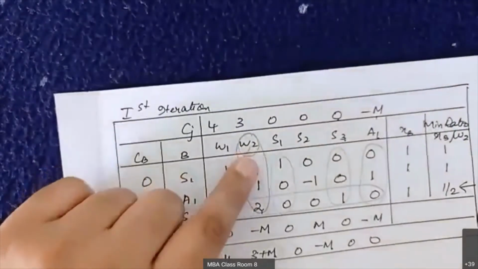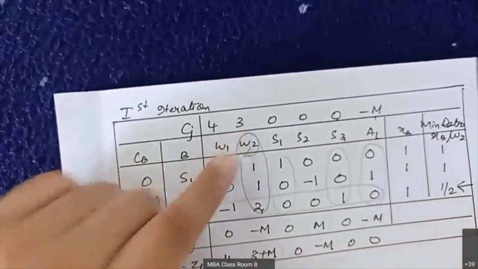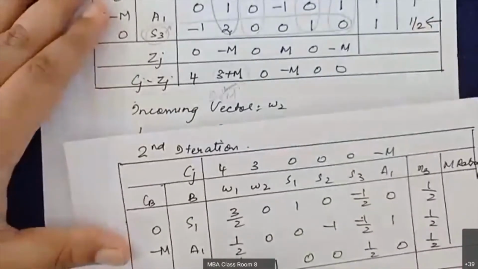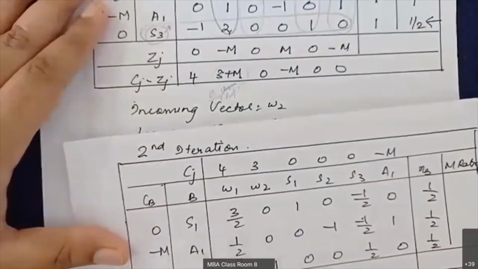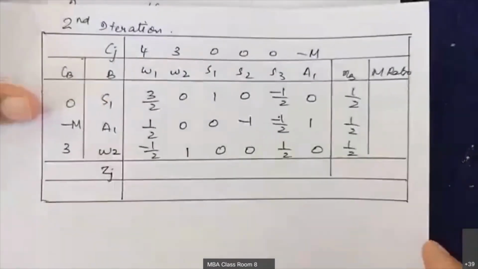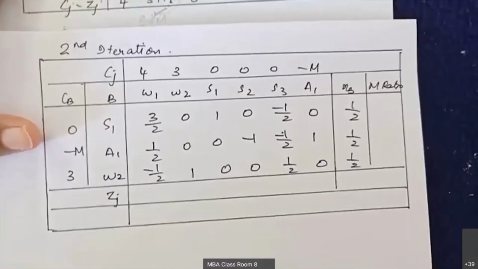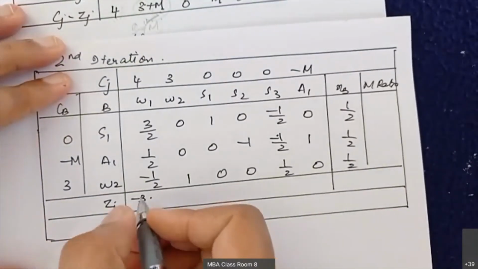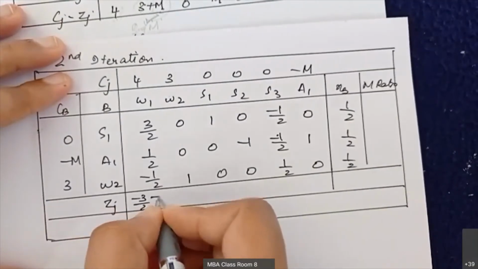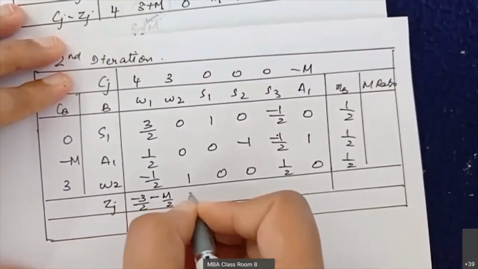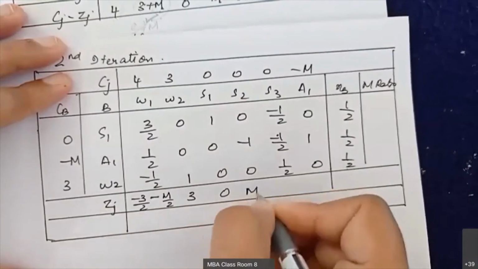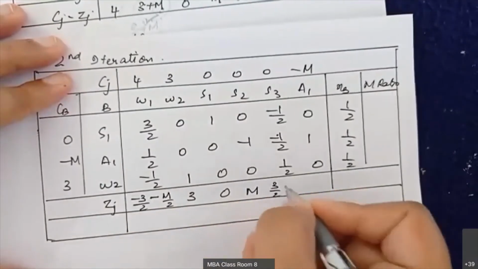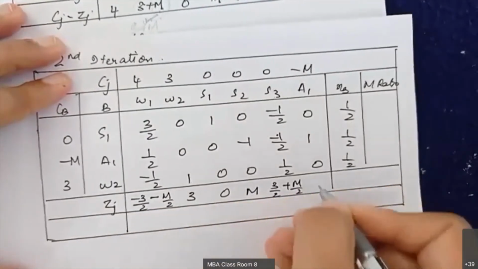Here S3 is the outgoing vector and the incoming vector is W2. The coefficient of W2 is 3, so W2 and 3. You will calculate Zj after that. Zj values will be minus 3 by 2 minus m by 2, over here 3, 0, m, 3 by 2 plus m by 2.